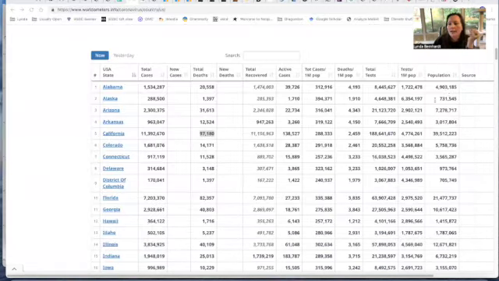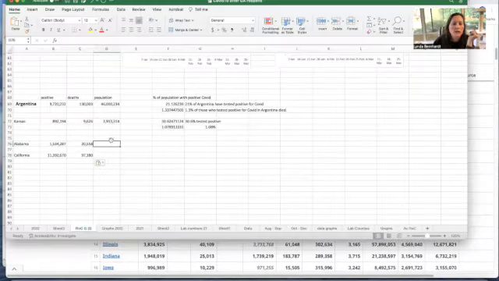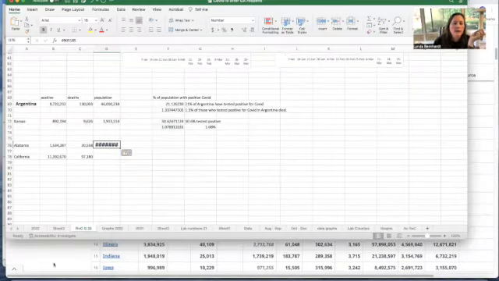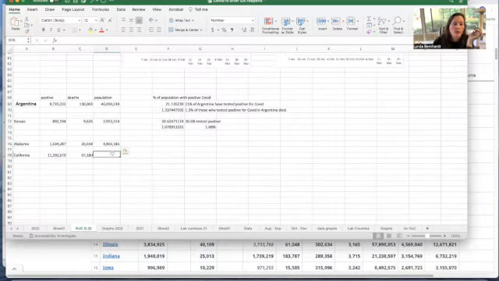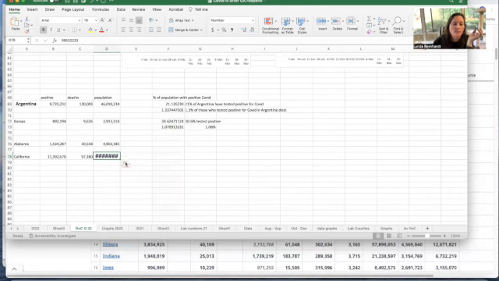And then population. So we've got the population of Alabama, and then the population of California. California has a lot of people. Okay, there we go.